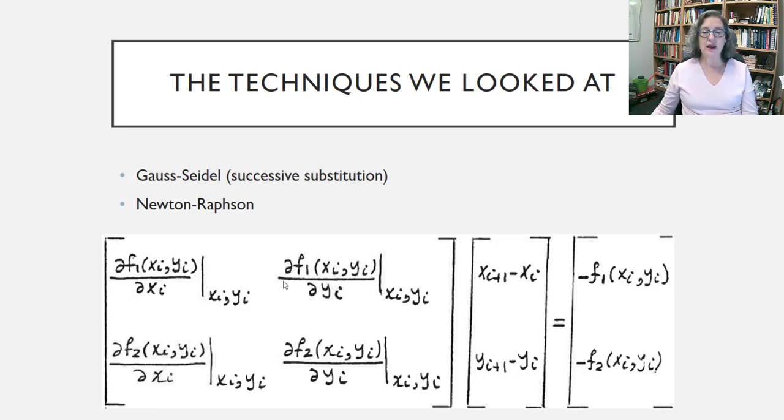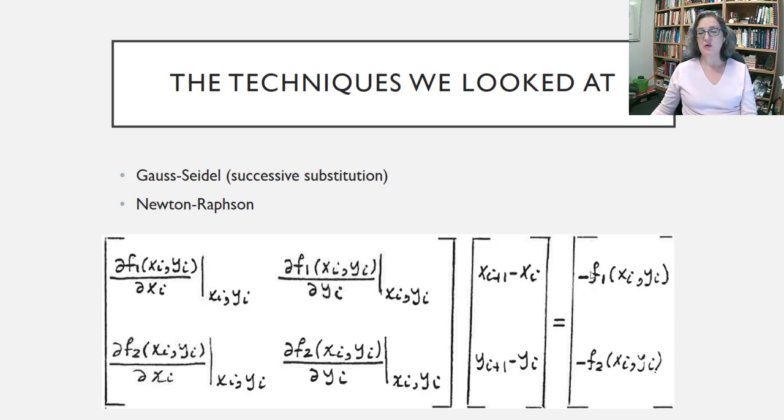So we're going to do that for the first function and then for each function subsequent to that. Just make sure that what you took the derivative with respect to, they all get lined up together. All right. That is going to be evaluated at your current guess. Okay. We're going to multiply that times x_{i+1} minus x_i. So our new values minus our old values will be this column here.